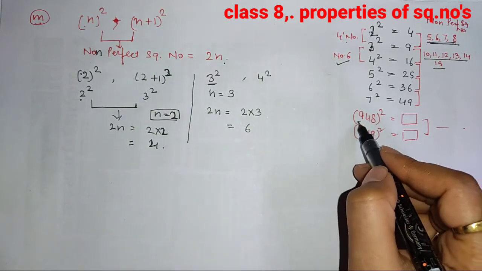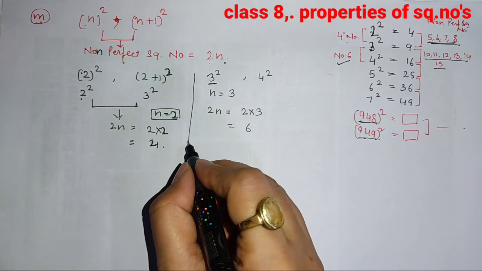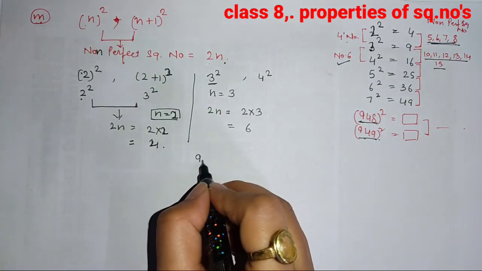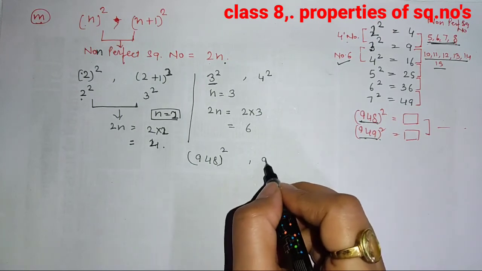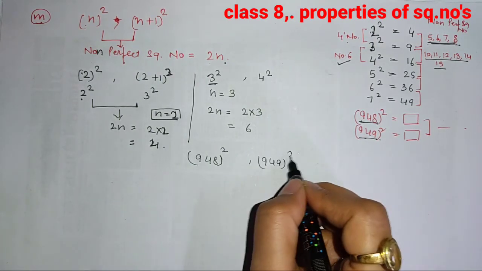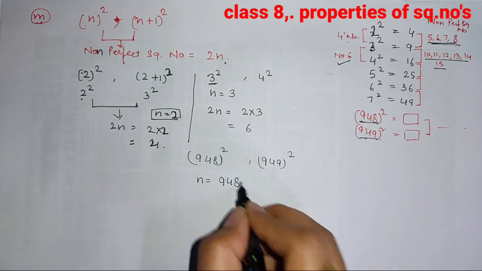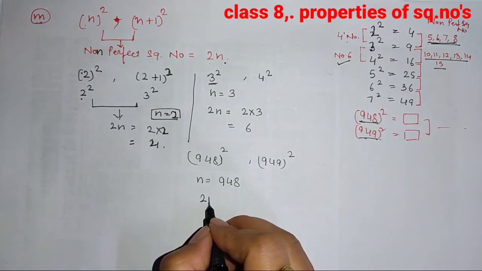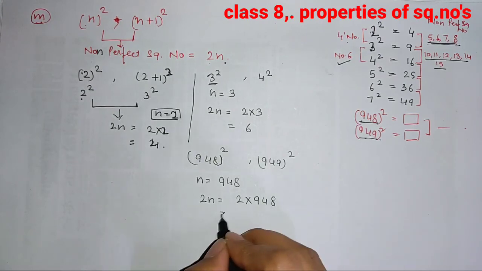So if you want to know how many non perfect square numbers there are between 948 square and 949 square, you can apply the formula: n is 948 and 2n is 2 into 948.